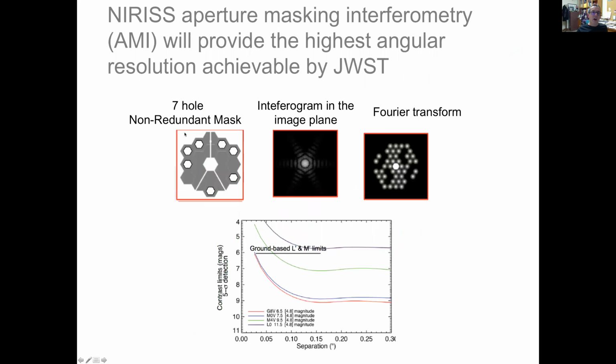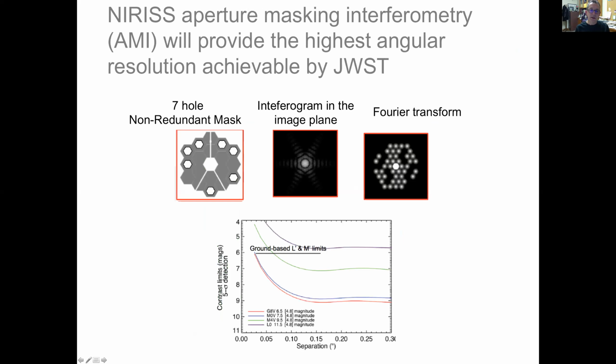This is what we call a non-redundant mask. That gives you a very funny PSF, but if you take the Fourier transform of that, it's a very regular pattern. I'm not going to go through the details of that, but the advantage of the technique is that you can probe very small inner working angles with moderate contrast.